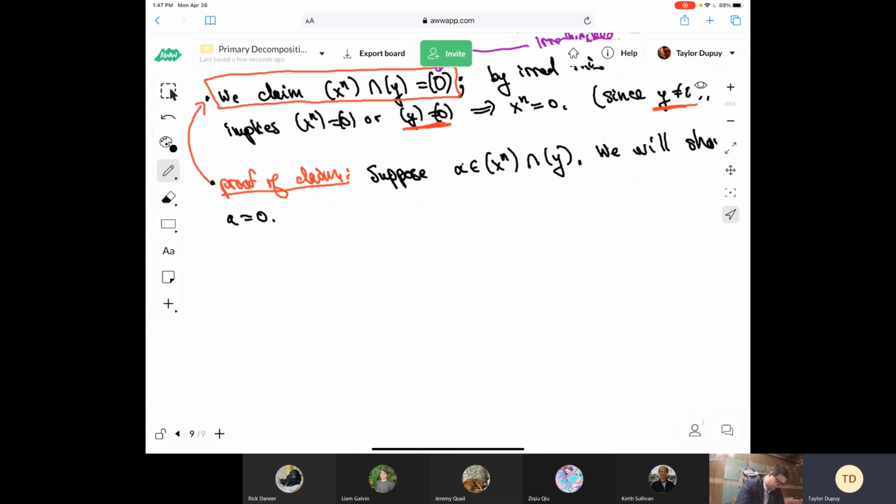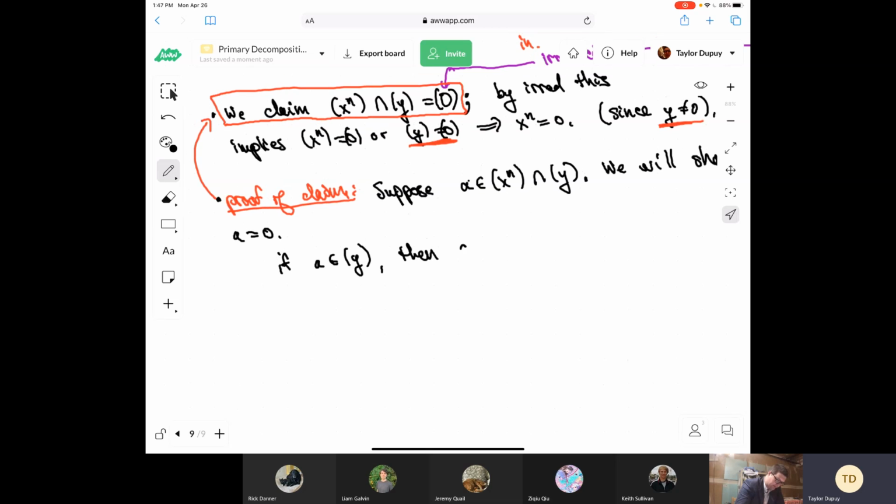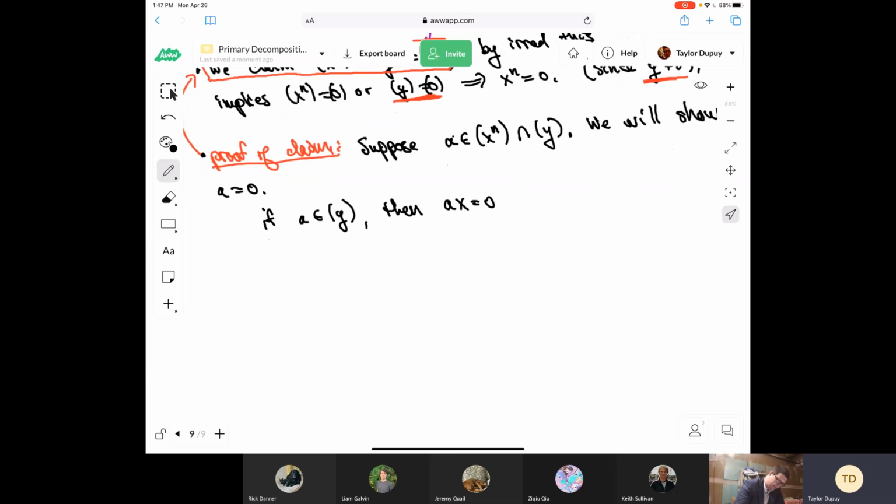If A is in Y, which is true, then AX is equal to 0, because we had that XY was equal to 0.